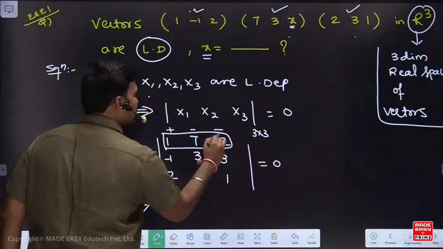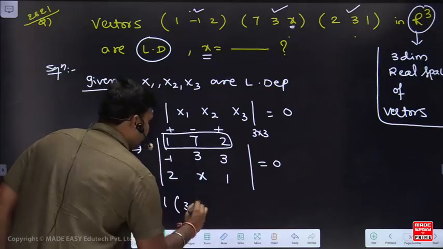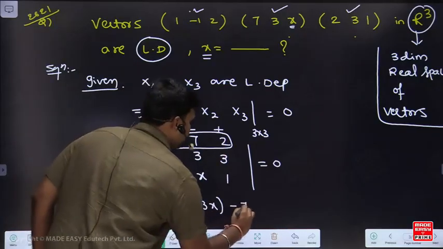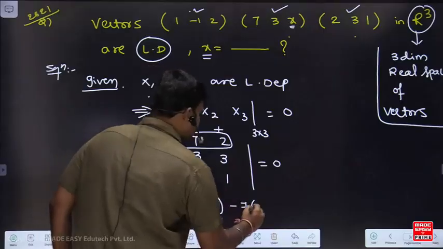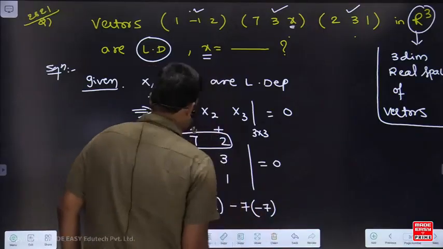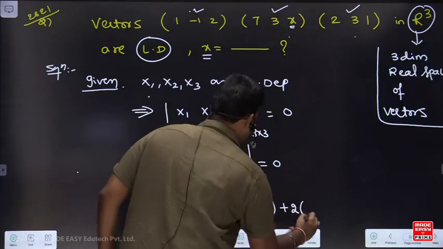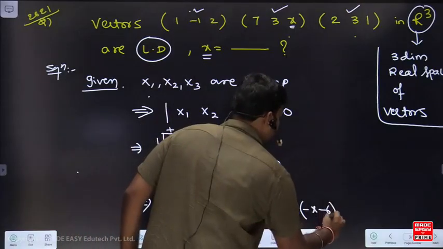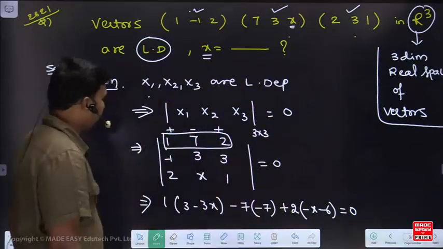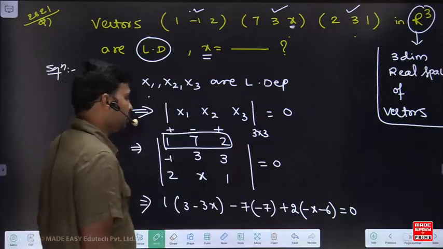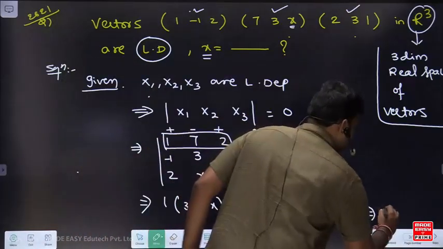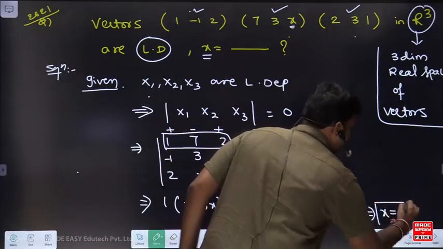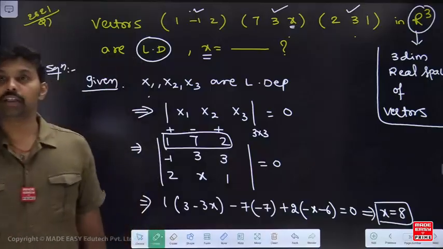The signs are plus minus plus. So 1 into (3 minus 3x), minus 7 into (minus 1 minus 6, that is minus 7), plus 2 into (minus x minus 6) is equal to 0. Minus x minus 6 is equal to 0. And from this, the x value you are going to get is 8 here. 8 is the answer for this.